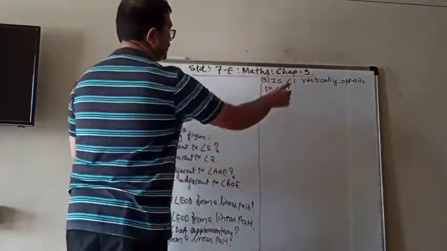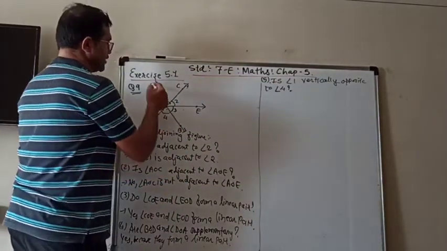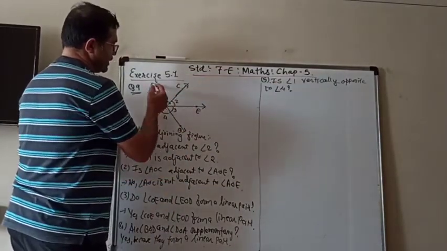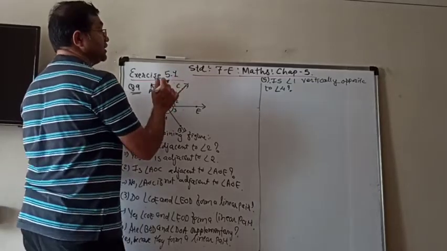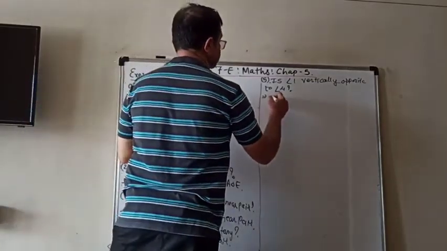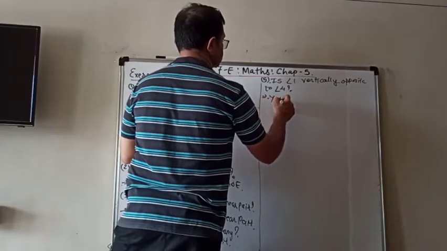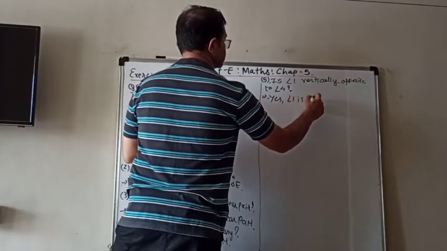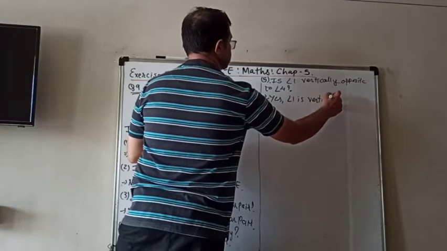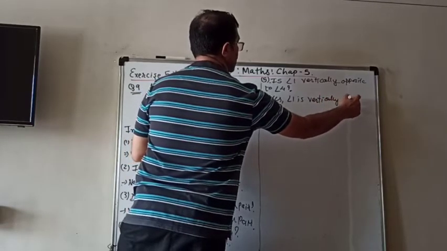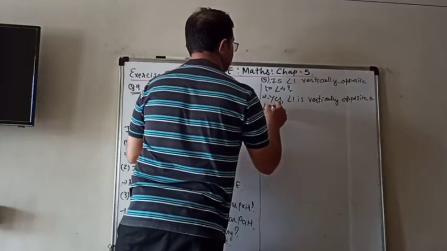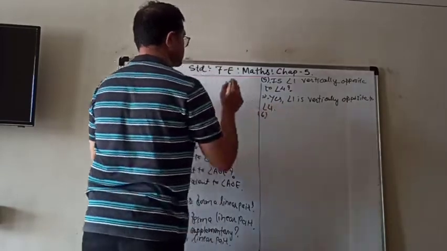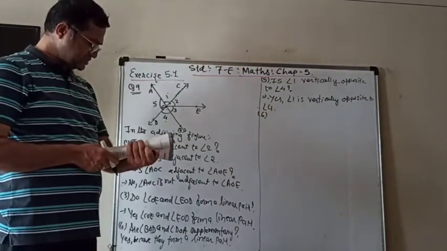So let's see angle 1 and angle 4. Here you can see that angle 1 and angle 4 make vertically opposite angles. So you can say that yes, angle 1 is vertically opposite to angle 4.